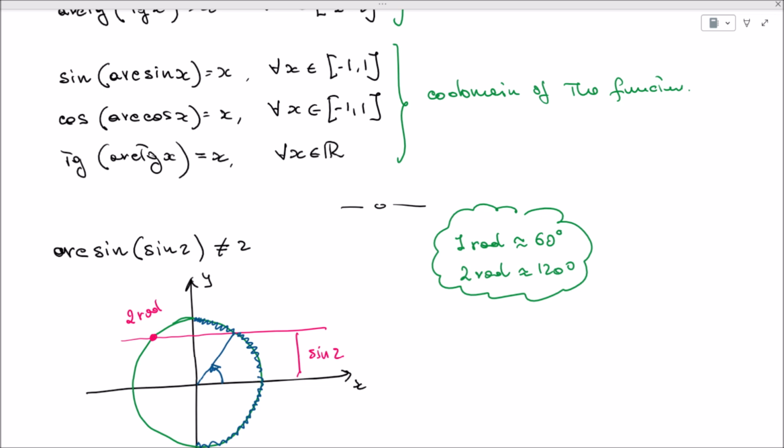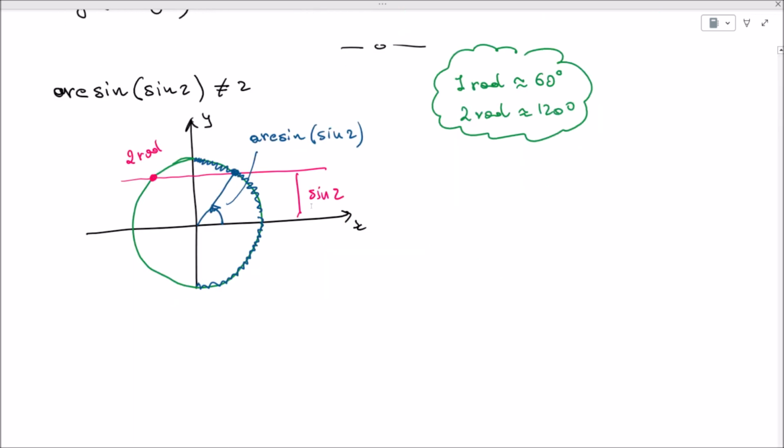So this will be the arc sine of 2. It is just the intersection between this line that represents sine of 2 with the codomain of the arcsine function.